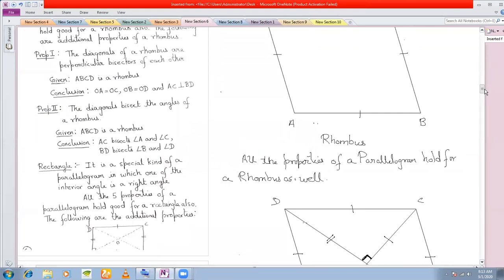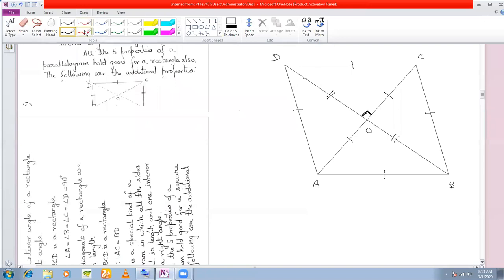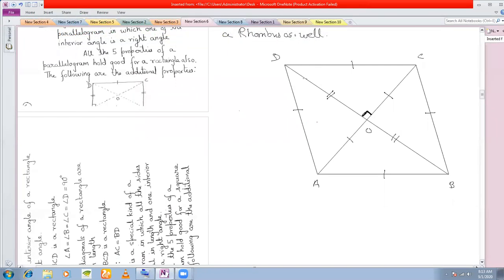Next, property 2. The diagonals bisect the angles of the rhombus. What does it mean, the diagonals bisect the angles of the rhombus? Now, the interior angles of the rhombus. Diagonals bisect the angles of the rhombus means they bisect the interior angles of the rhombus. So what are the interior angles of the rhombus? Suppose let us consider this diagonal AC. Now this diagonal AC is associated with what angles, interior angles of this rhombus?